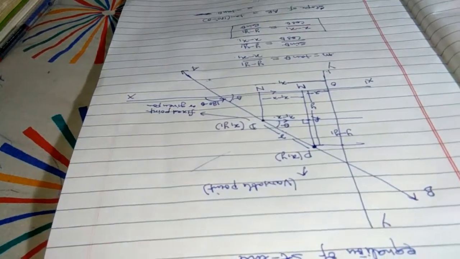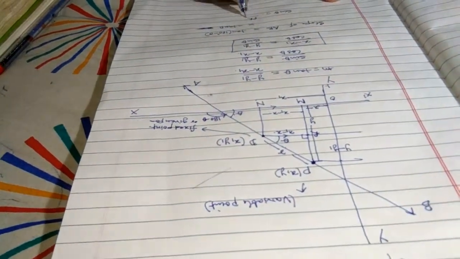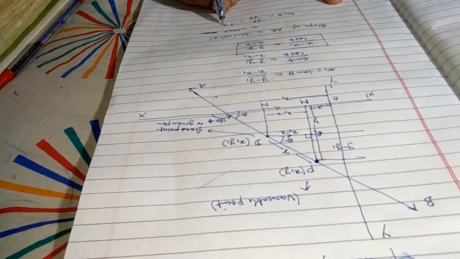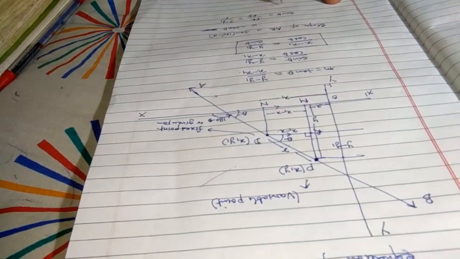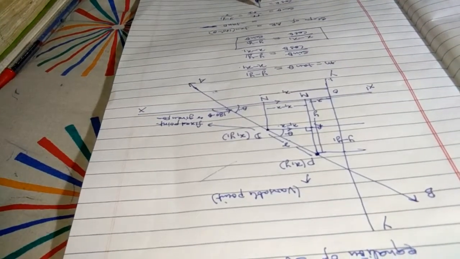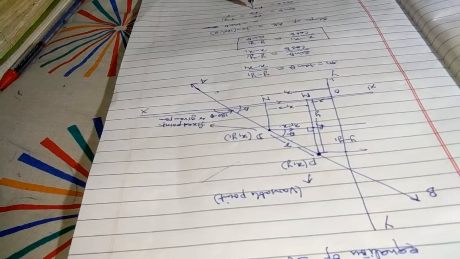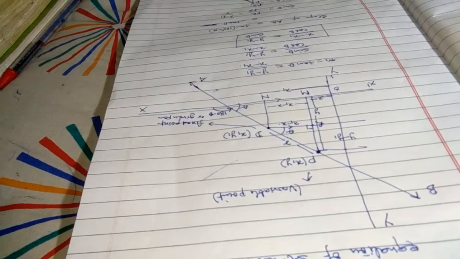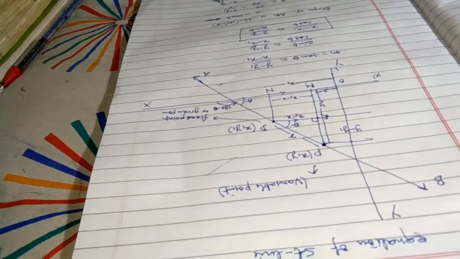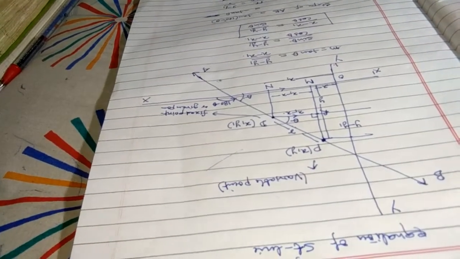The perpendicular is PR and the hypotenuse is PD, so sin theta is y minus y1 divided by r, and cos theta is RD by PD, which is x1 minus x by r.